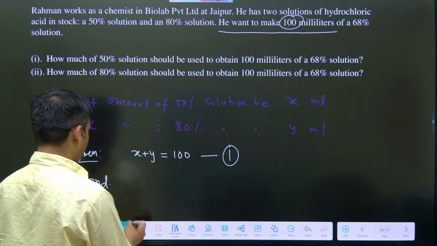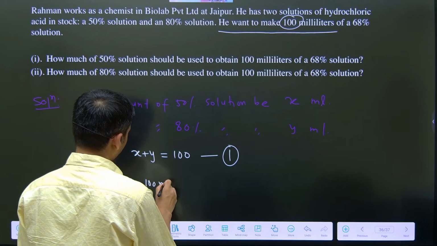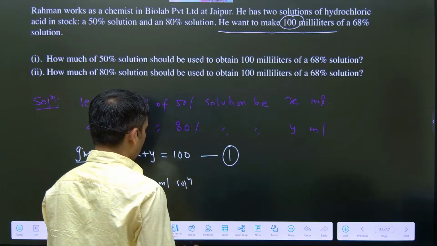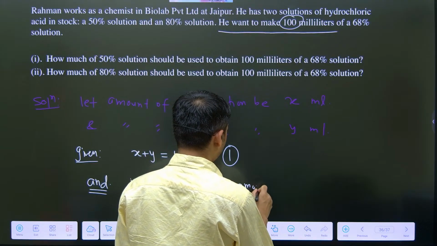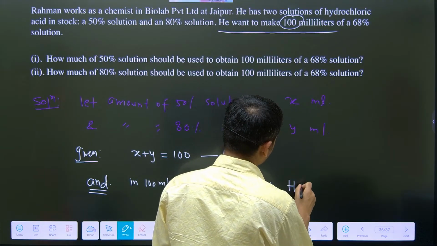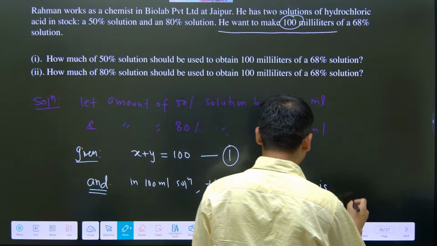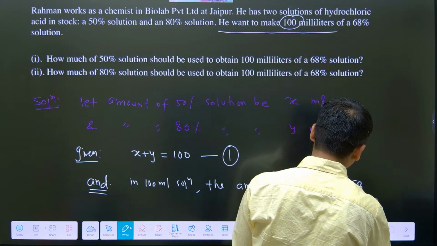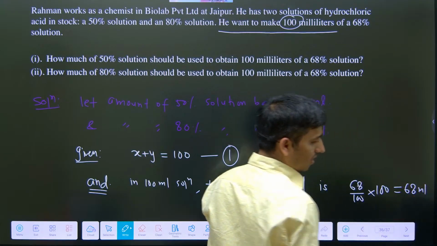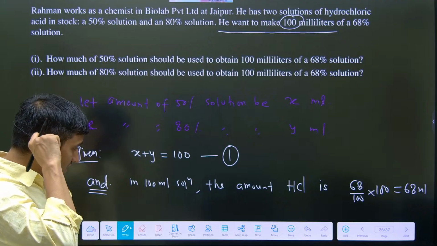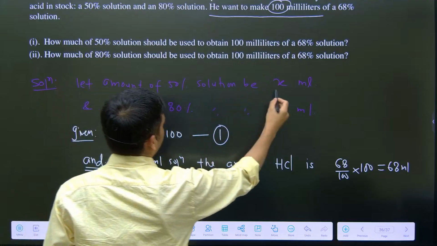So in 100 ml of solution, the amount of hydrochloric acid, HCl, since it is a 68% solution, can I say it is 68 upon 100 into 100. This step you don't even have to write, directly write 68 ml. So the acid which we are getting should be 68 ml, right? And that is coming from X as well as Y.